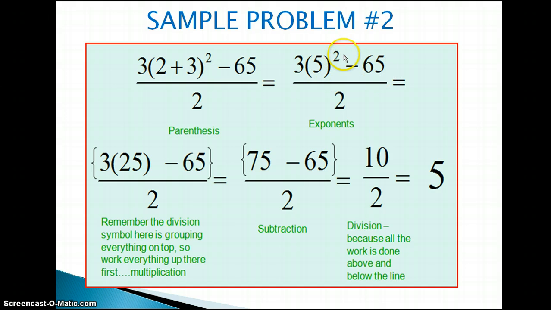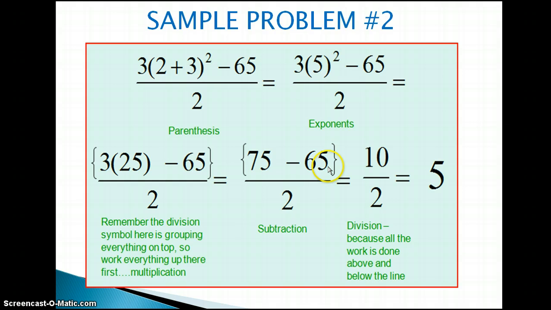The next part is the exponents. So the exponent, 5 times 5 gives us 25. So we have now 3 times 25 minus 65. Then we want to do the multiplication, which is 75 minus 65. 3 times 25 is 75.